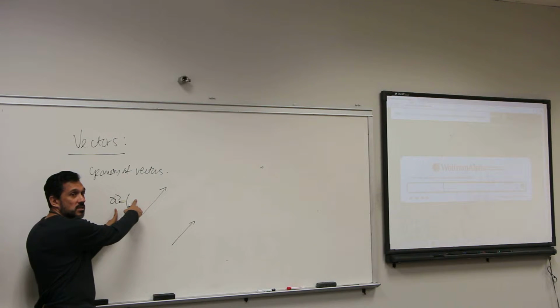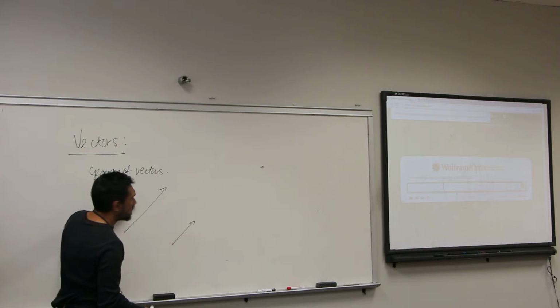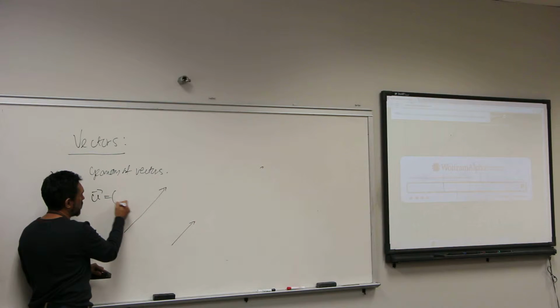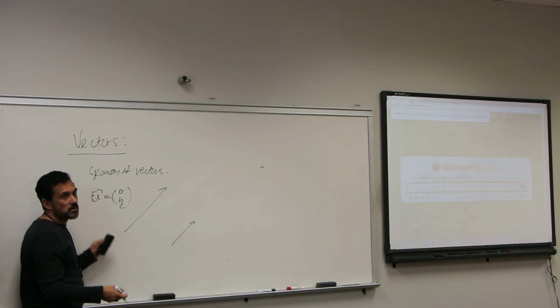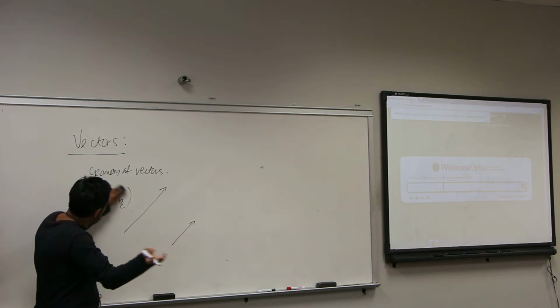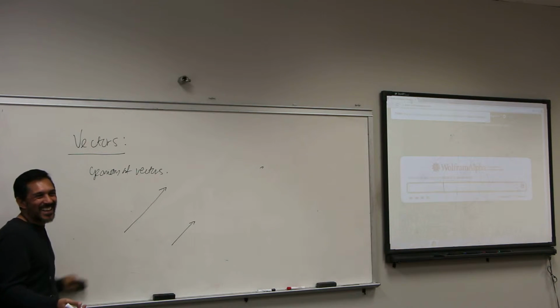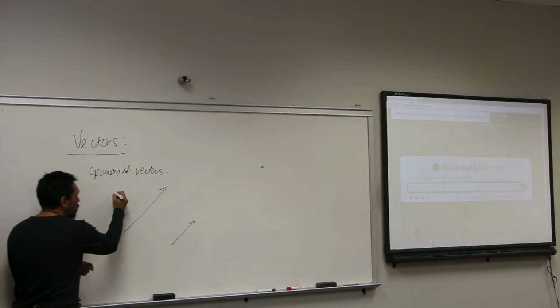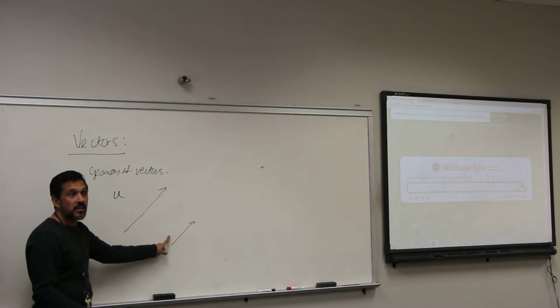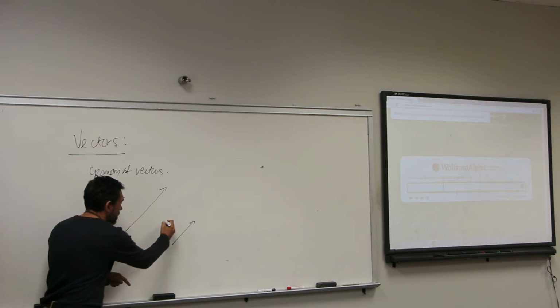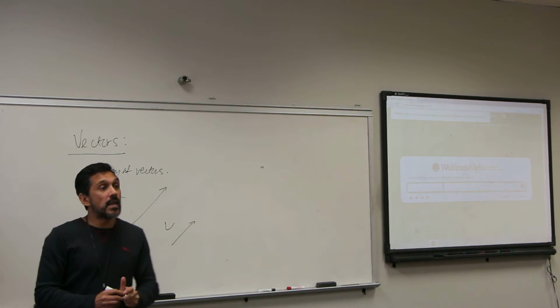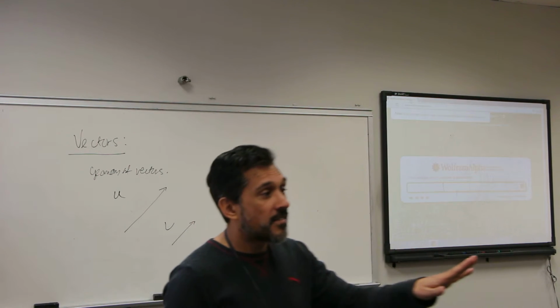What do you want to call the components? I prefer to call it vector U and then give the components A, B, C. But I've been doing this for 20 years. Okay, U, and this one? V. Now, if you're going to read your book, it's going to be quite different.